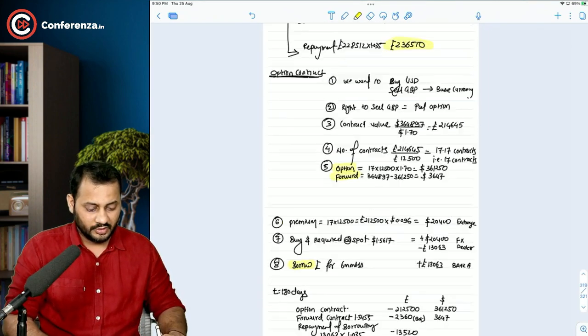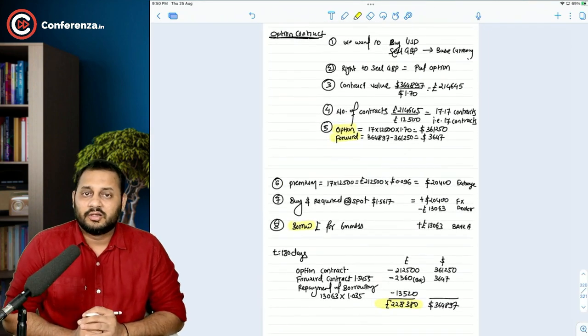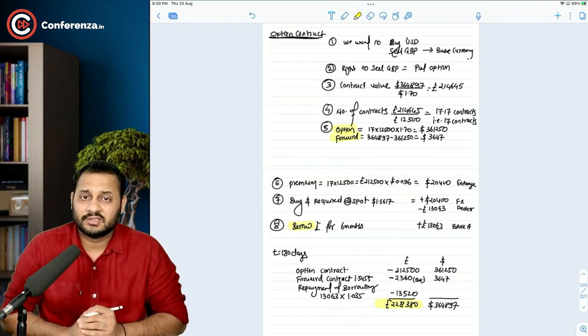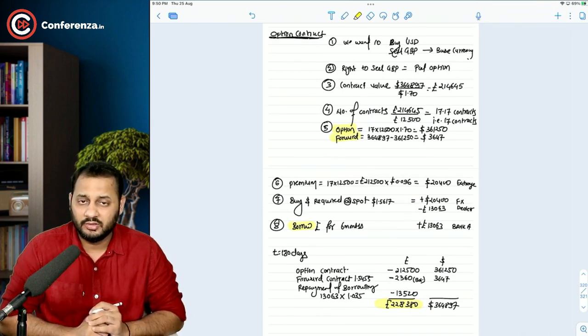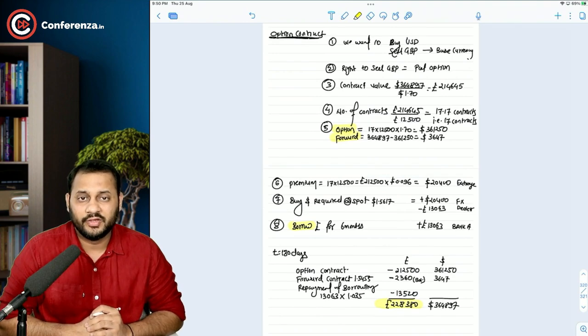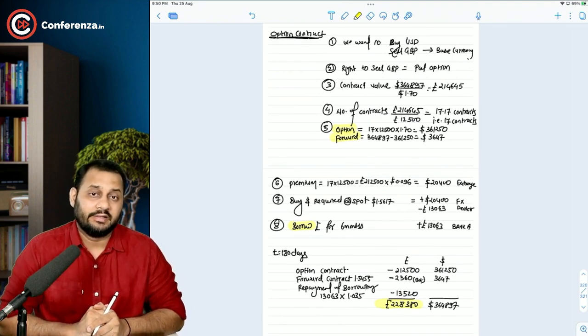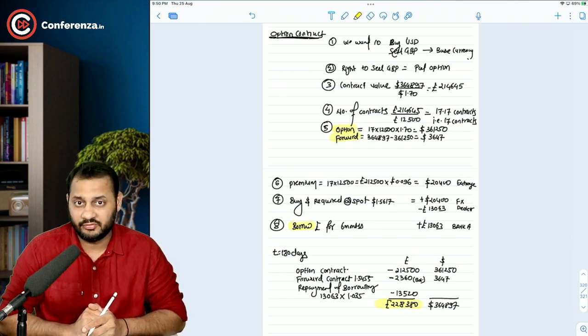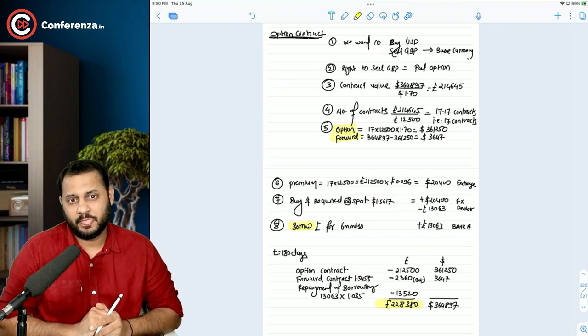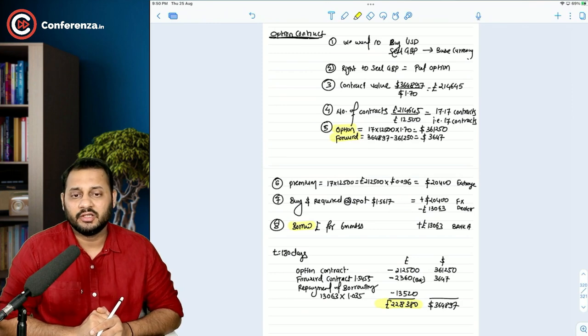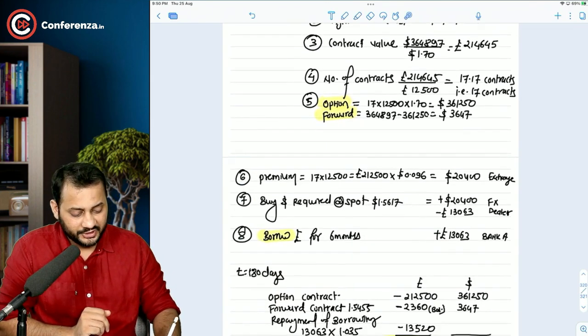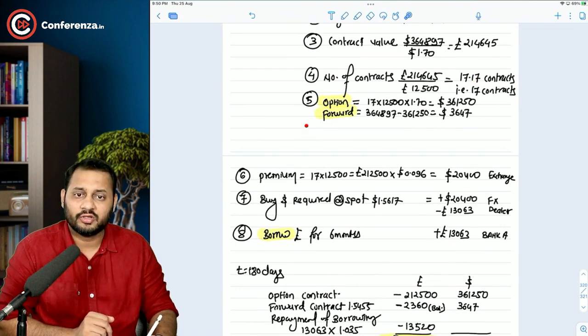See what has been the transaction. I will request you to access the class notes from the app and then go through it once again if you find anything which is not getting into your head or which is difficult to understand. Step by step we have done everything. The most important part is to understand that for the fraction contracts we can go for the forward.